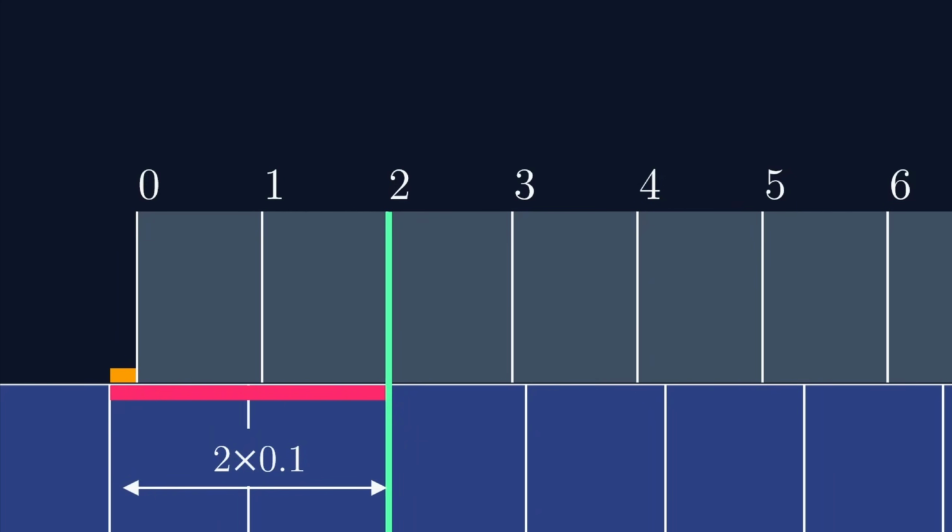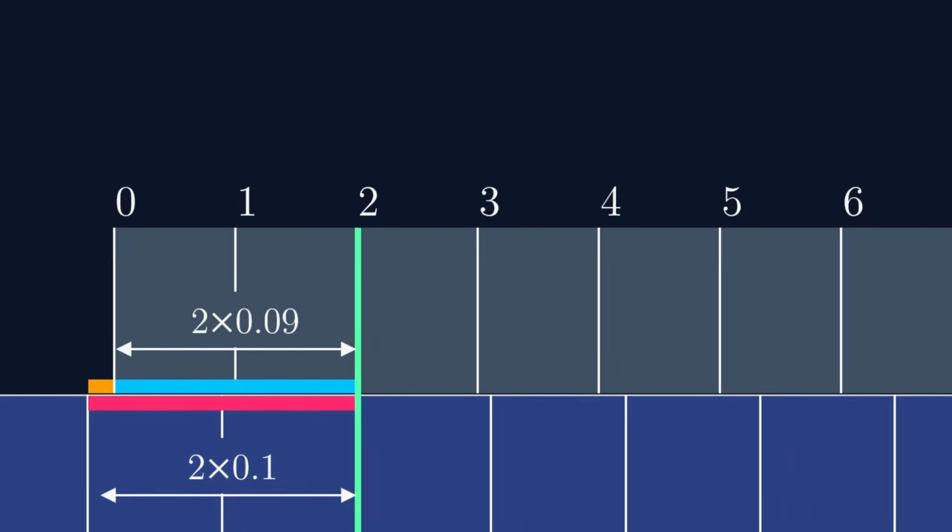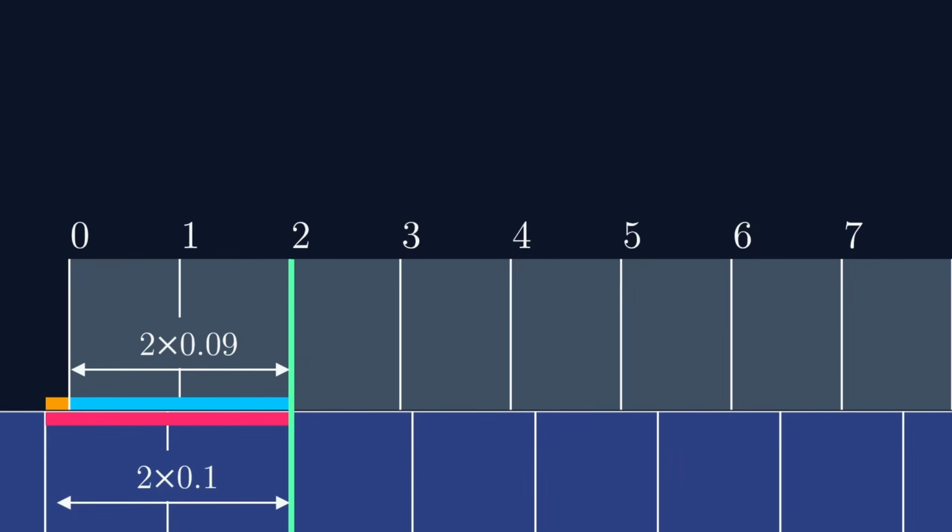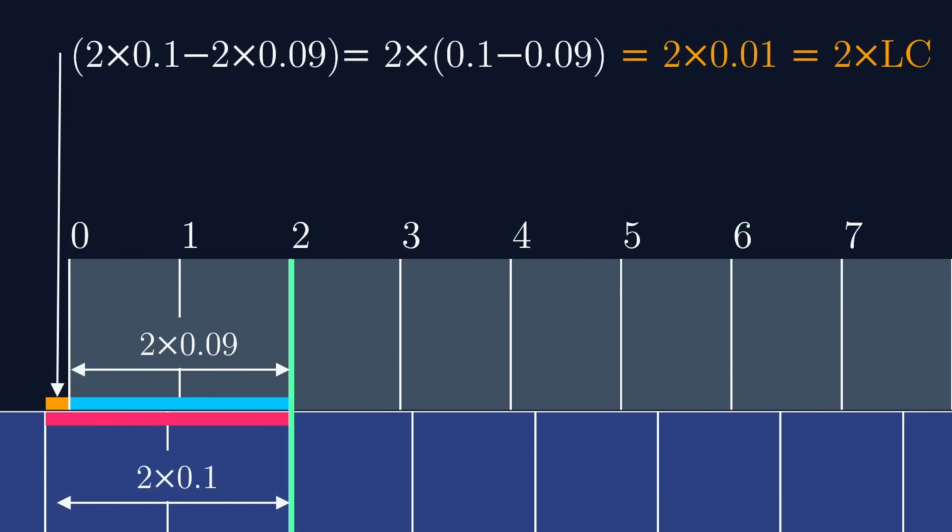How do we find that? This total length is 2 times 0.1 centimeters because there are 2 main scale divisions here. And the upper length is 2 times 0.09 because there are 2 Vernier scale divisions. So, the yellow gap is simply the difference between the two, which is exactly twice the least count.